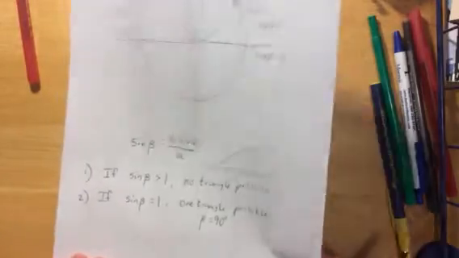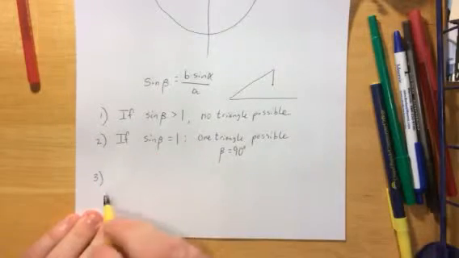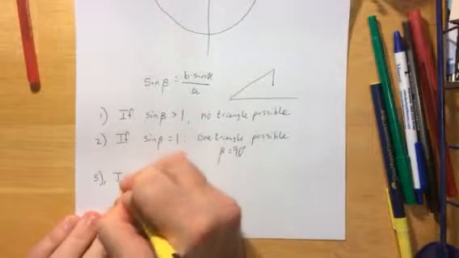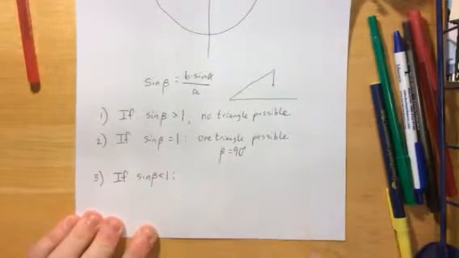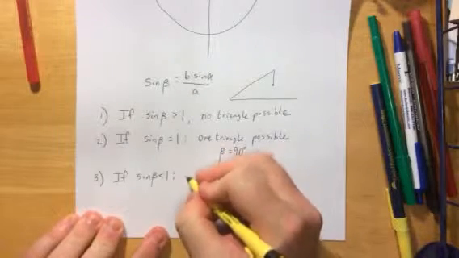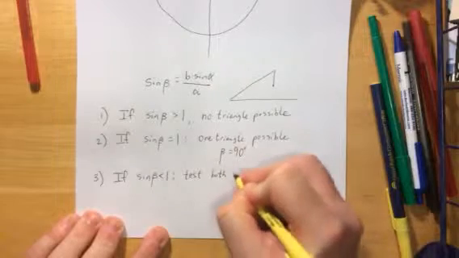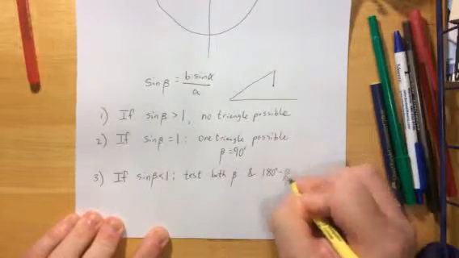Now, the third possibility, this is where the fun comes in. And by fun, of course, I mean words that start with F and then are followed by a U. If the sine of beta is less than 1, then you have to test both beta and 180 degrees minus beta.